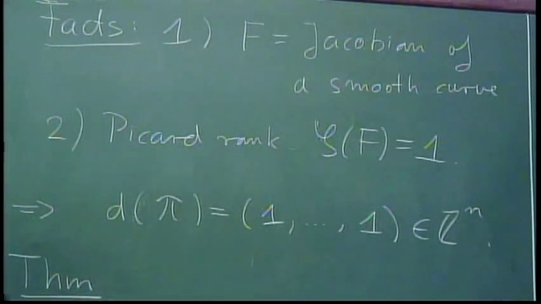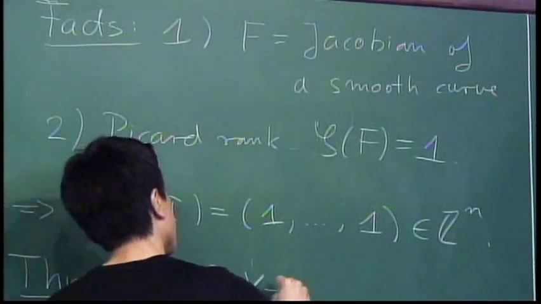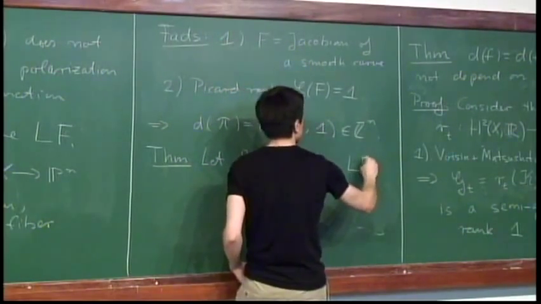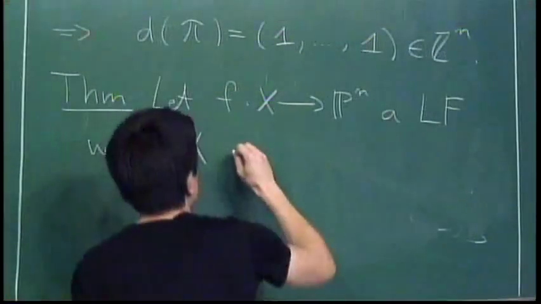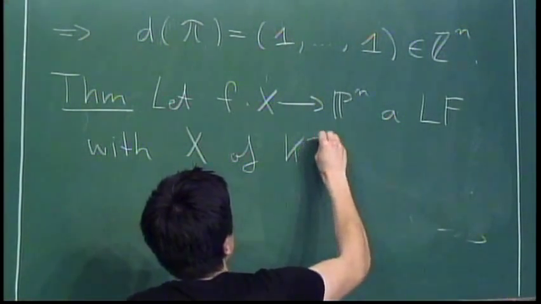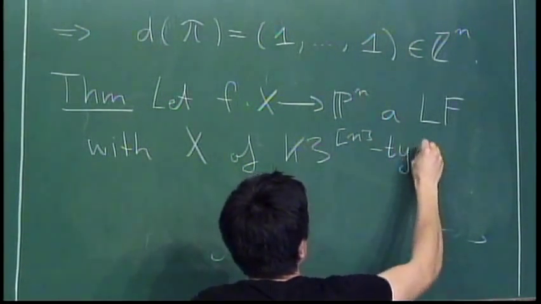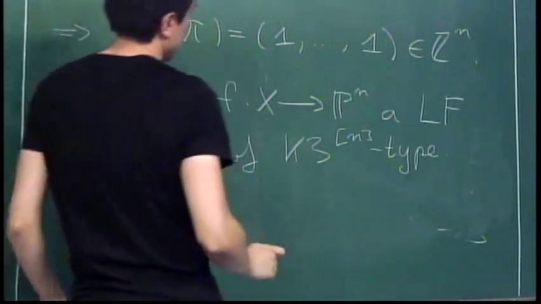And this is what I have proven. The theorem is: let X to P^n be a Lagrangian fibration with X of K3^[n]-type. So I can now assume that the base space is P^n.